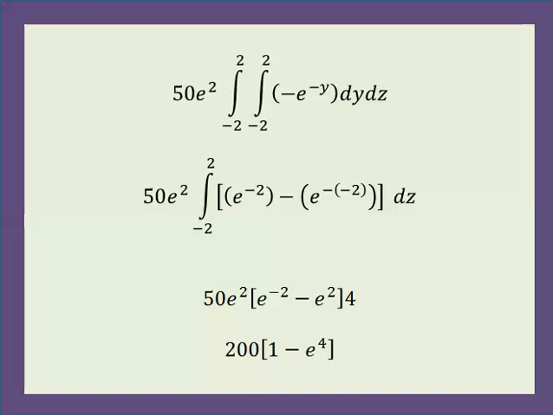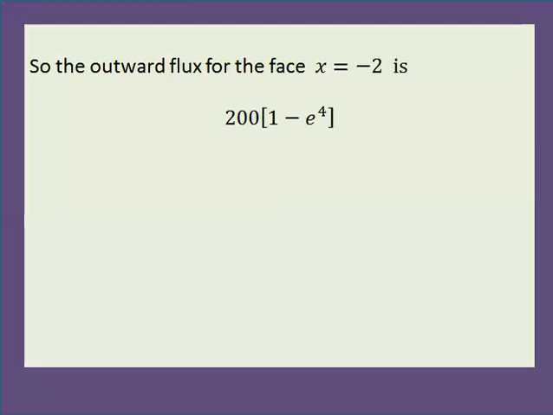Now, what kind of number is that? Saying e to the 4 is around 81 is a bit of a stretch, because we know that e is about 2.7, and I'm basing this on a very rough estimate of e being about 3. 3 to the 4th is 81. But anyway, it's a very negative number, and I'm multiplying that times 200. And so for the face x equals -2, I have a negative outward flux.